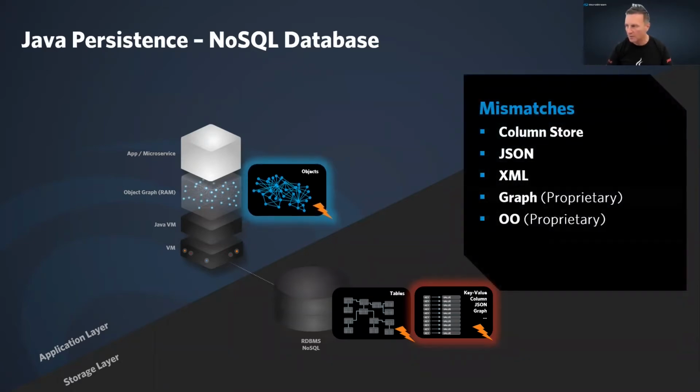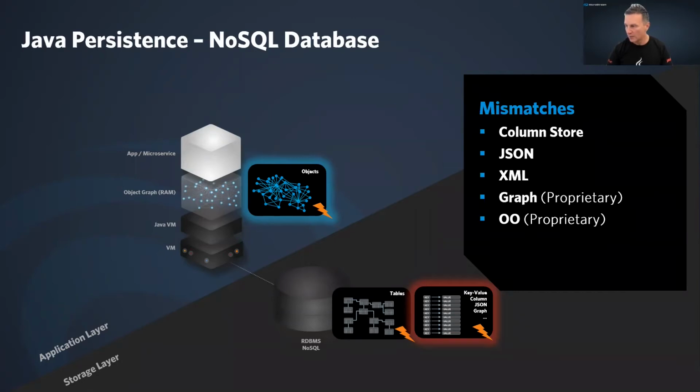We need some data conversion behind the scenes, and here are the latencies. So this is very important. Even if you use a graph database, it's not compatible with the native Java object model. So they introduced their own proprietary graph model, and it's the same with object-oriented databases, by the way. They can store objects, but this is a proprietary object model of the database, and it's in any case incompatible with the object model of Java.